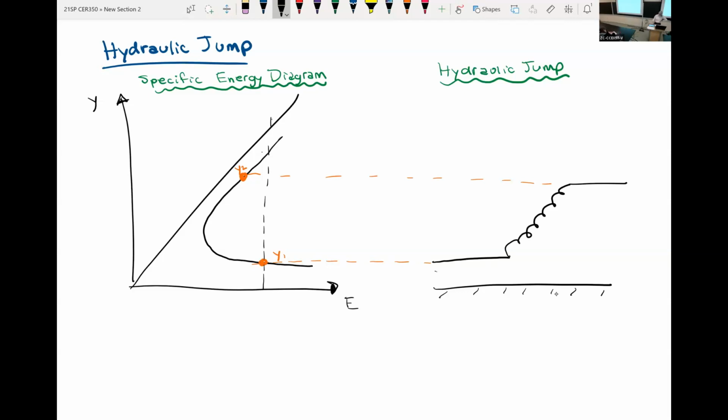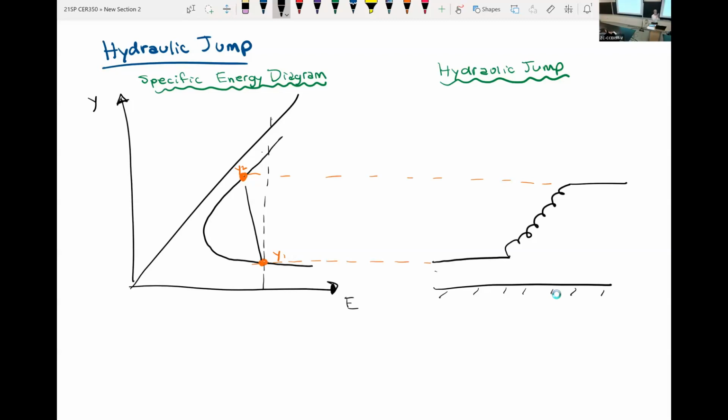We go from 1 to 2, we jump, hence the name jump, from our supercritical flow condition to our subcritical flow condition, going from Y1 to Y2, not in that same energy. What's going on? Why is there this gap between these energies?